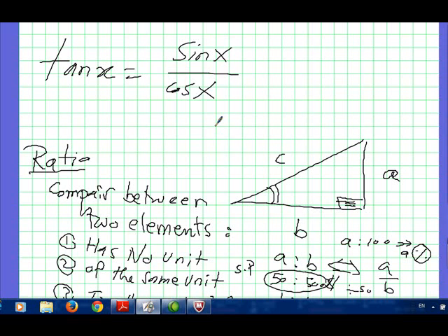Now we will face some functions which we call trigonometric functions. Trigonometric functions are ratios of a right angle triangle.